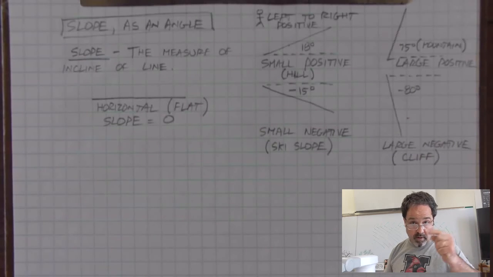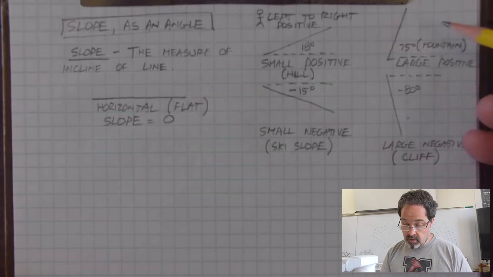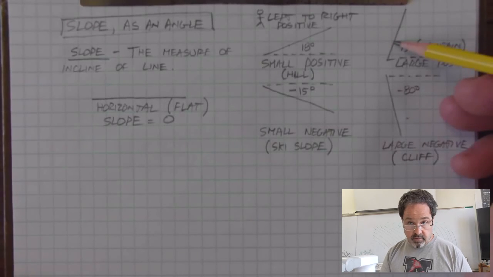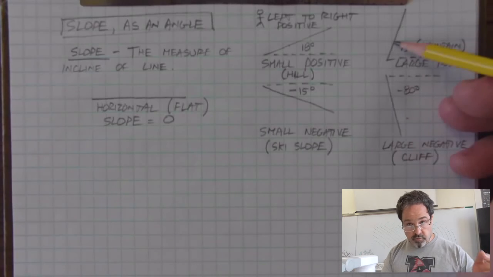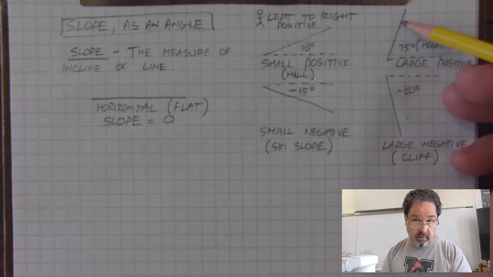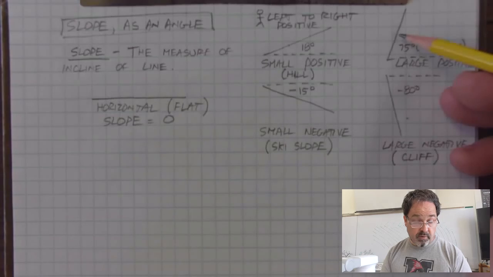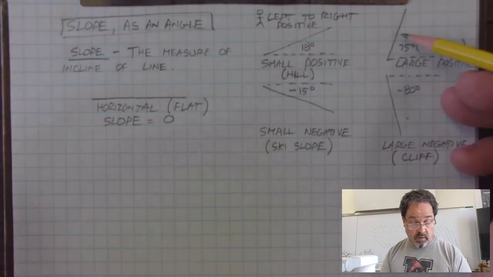As we move to the right, we must also move up. If we're anywhere on this line and we move to the right in the positive direction, we also have to move up to remain on the line. So the direction of this line is up, has a positive slope.